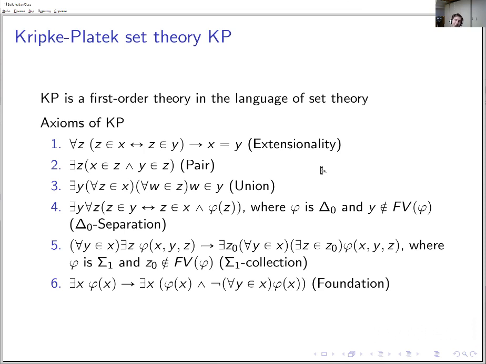If you have some delta zero property, then it's simultaneously sigma 1 and its negation is sigma 1. Everything that is delta zero definable should be generalizedly computable, and of course we want to have separation for these computable properties. So we have delta zero separation.